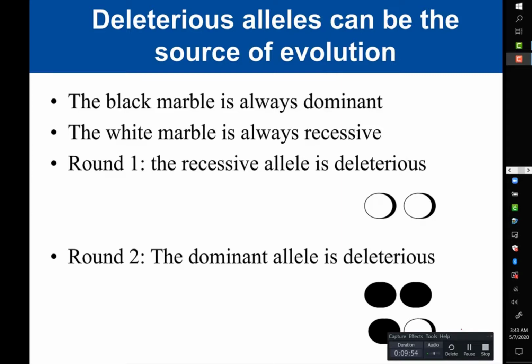But it has to be something that comes on later in life and isn't deleterious until after reproductive ages, because if they can reproduce, they can still pass on that trait to their offspring. There are exceptions, but in this experiment, they would die right away. So our dominant deleterious allele was wiped out of our population after one generation, because none of those that had the dominant allele would survive and pass that trait on to the next generation. And that's what we were looking at in that experiment.